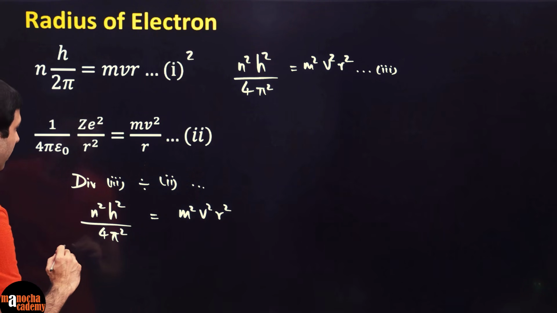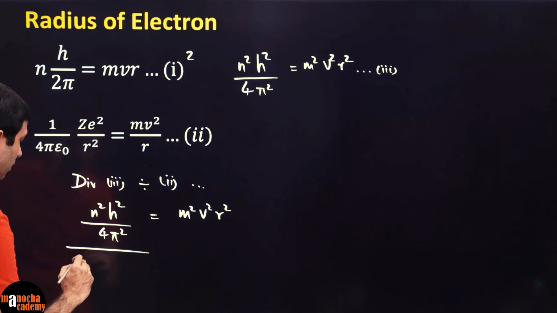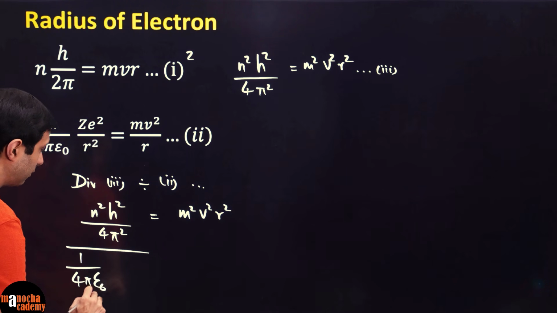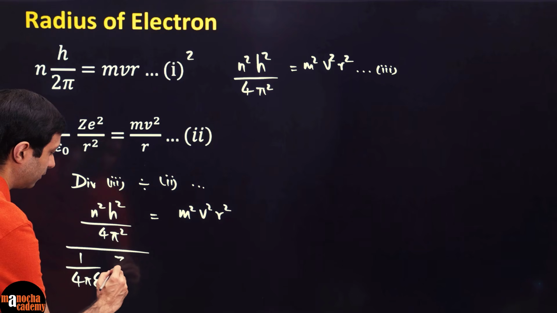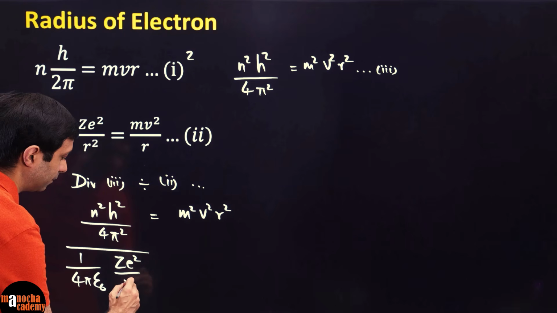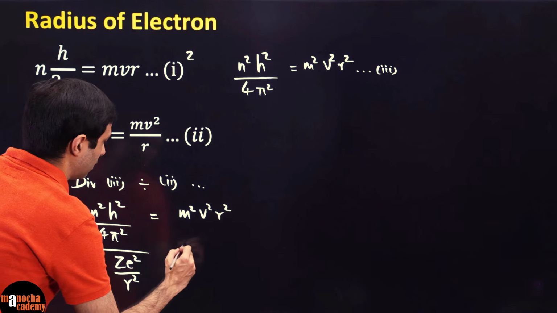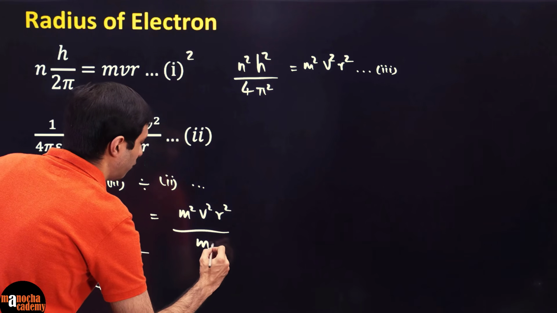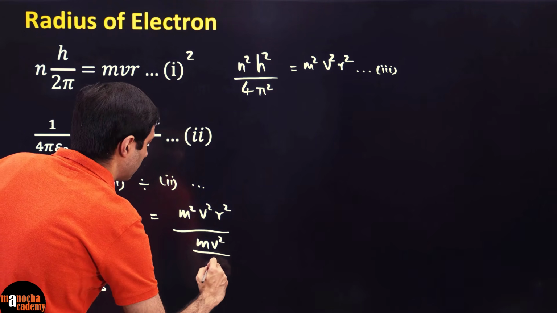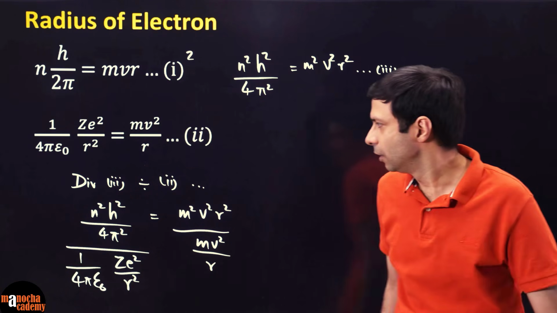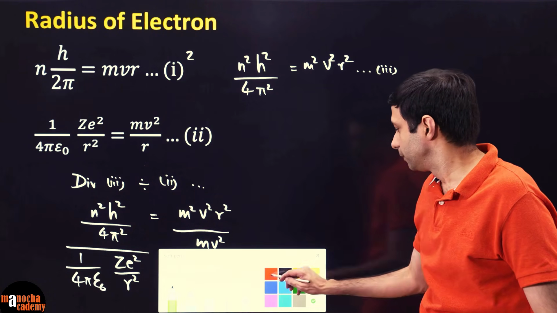And if I want to divide, I'm going to get 1 by 4 pi epsilon naught Z e square by r square. And this side, when we divide, we'll get m v square by r. So this is what we have here.